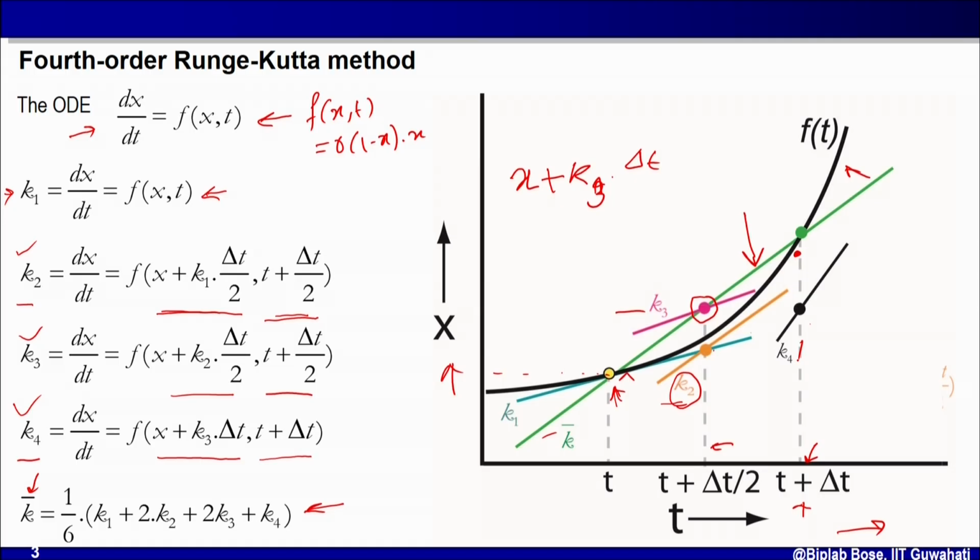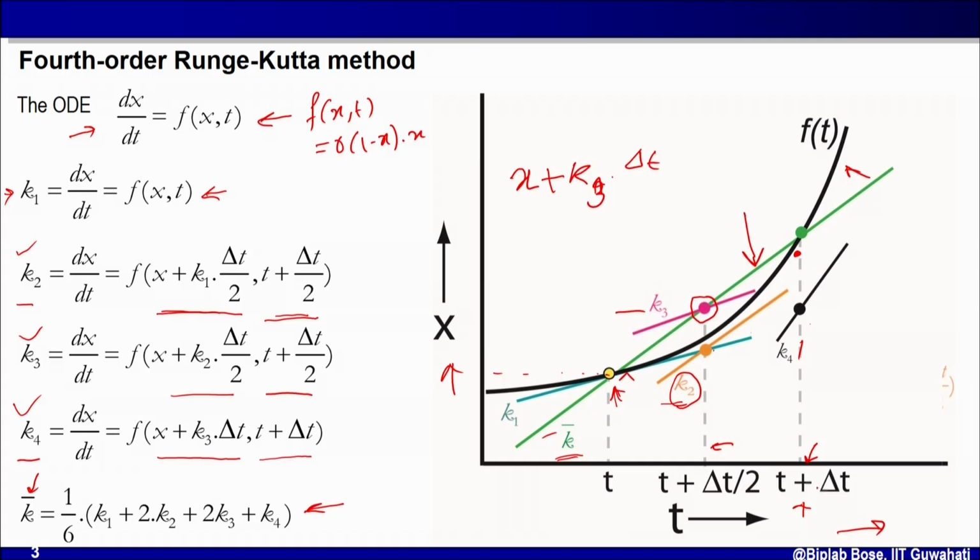I have taken a weighted average of all these four slopes and got a new slope k mean, and I have drawn a line, the green line shown in this graph, which has a slope of mean k and goes through the initial position of x at time t.